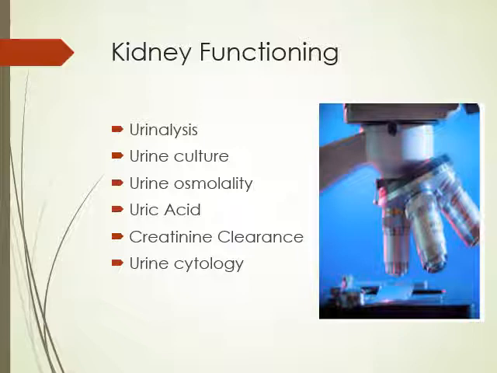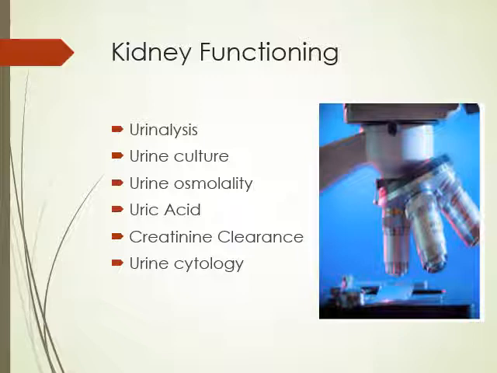Low salt diets or diabetes insipidus will decrease the osmolality. Uric acid, we will look at that. It's the end product of protein metabolism, and that level will be elevated in renal failure.